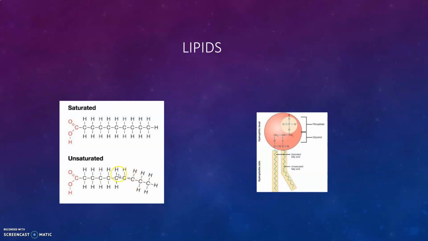Unsaturated don't have the maximum number of hydrogens, and you have a double bond in the middle, and they can have multiple double bonds, and that causes these structures to be kind of branched or not linear, which leads to differences in state of matter at room temperature. Saturated can stack together better, so they tend to be your solids at room temperature. Unsaturated can't stack very well, and they are going to be liquid at room temperature. So your fats, oils, waxes.